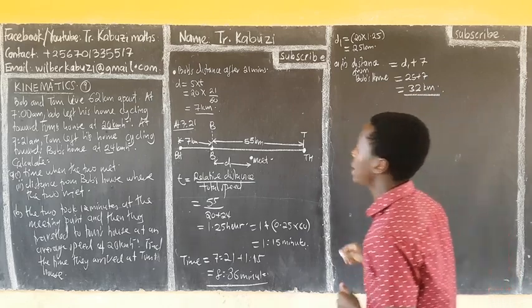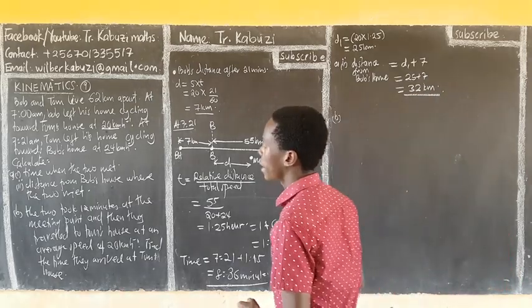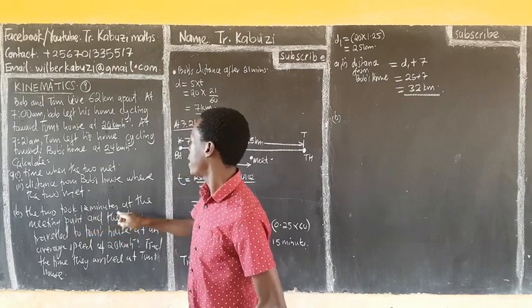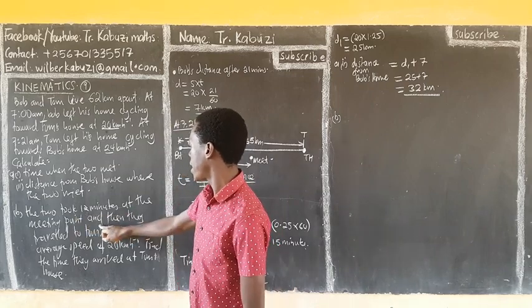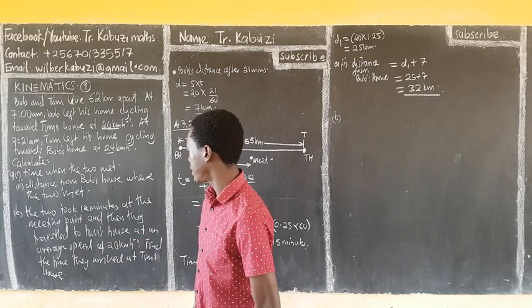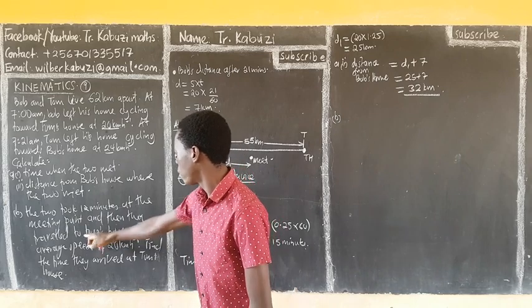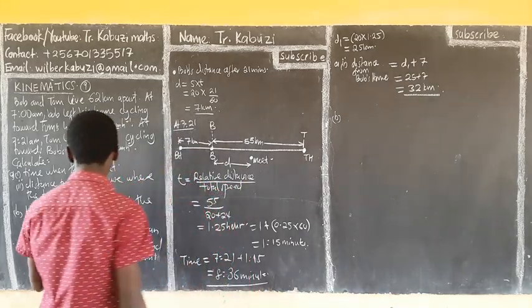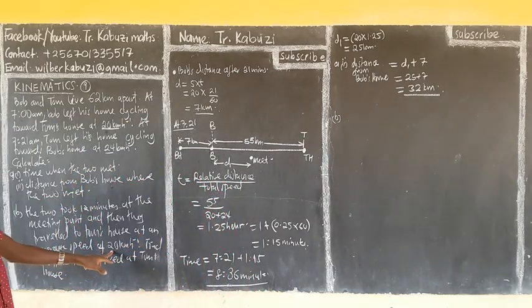Then part B. They are telling us that the two spent 12 minutes at the meeting point, and then they traveled to Tommy's house at an average speed of 20 kilometers per hour.